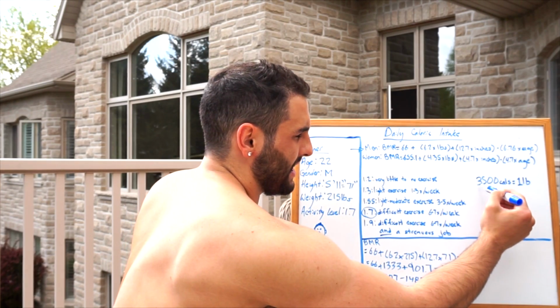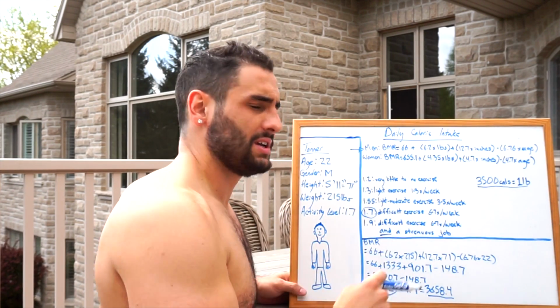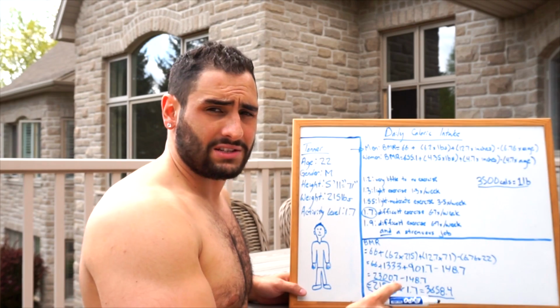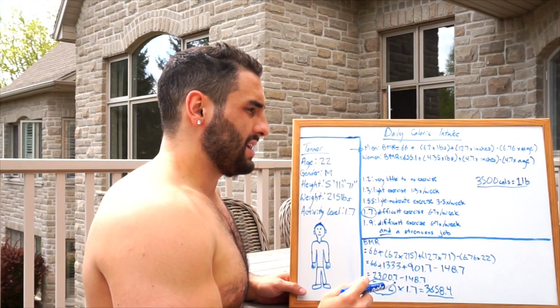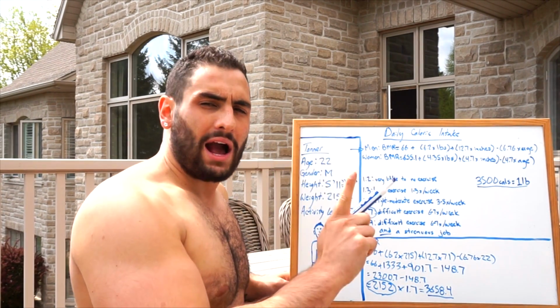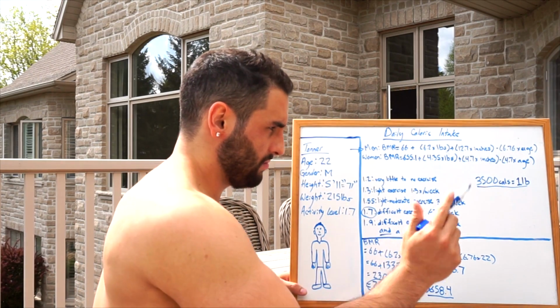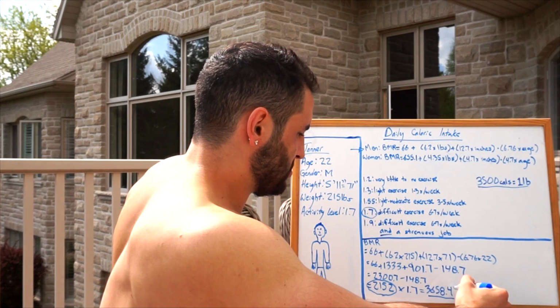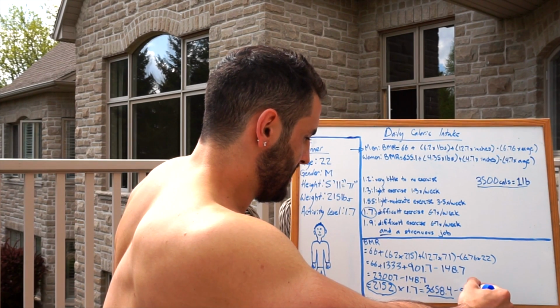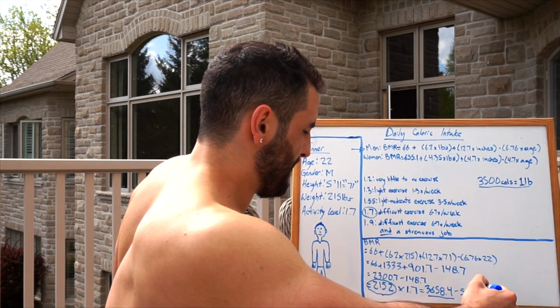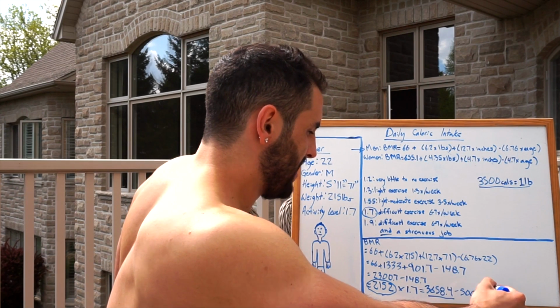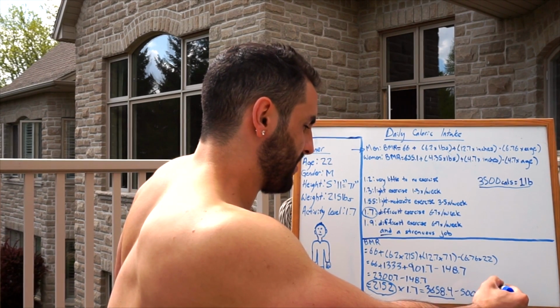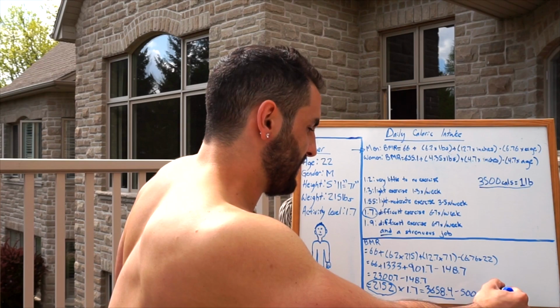And as you can see here, 3,500 calories is 1 pound of body fat. So over the course of 1 week, we will be losing 1 pound of body fat. So simply, all I got to do from here is just deduct 500 from my 3658.4, which I will then end up with 3,158 calories.